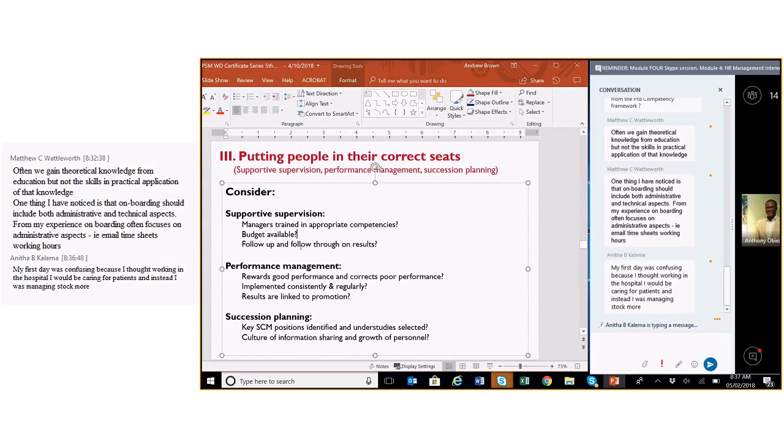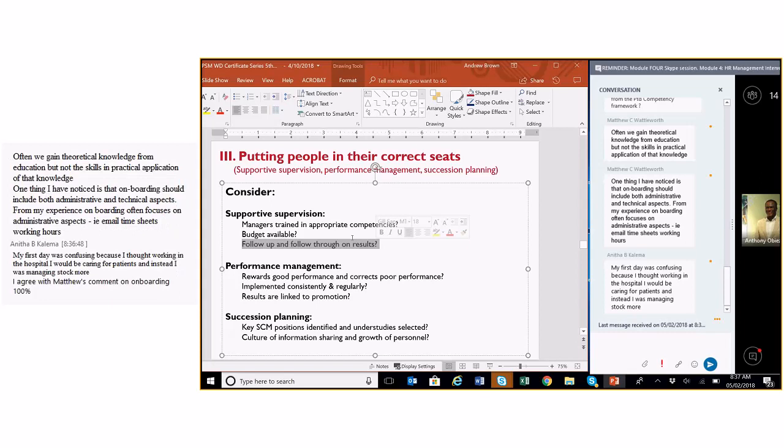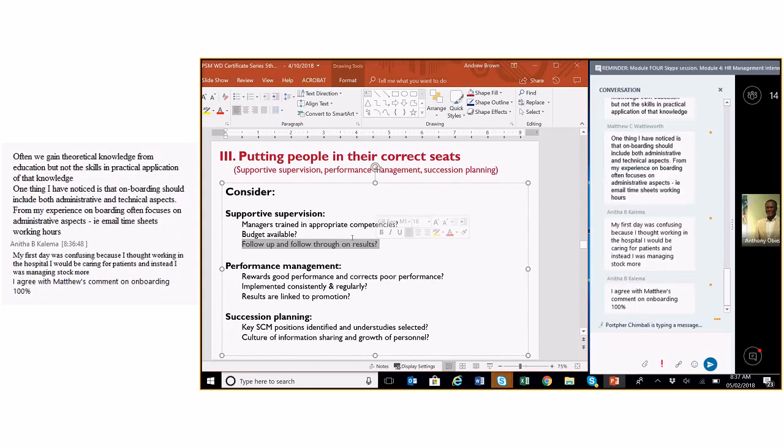We also note, for me, follow up and follow through. There's nothing more frustrating for a staff member than to have a supportive supervision or an interaction with a manager that has action points that need to be done by the manager, and that manager does not follow through on what they are going to do, whether it's providing access to an education opportunity, a resource to fix something in the facility, or taking action on a negative activity.